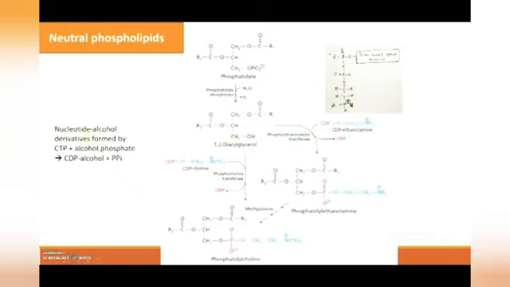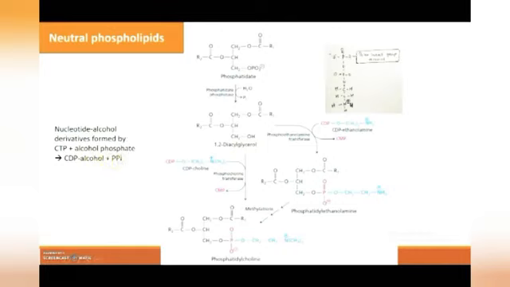The nucleotide alcohol derivatives, CDP-choline and CDP-ethanolamine, are formed by the reaction of CTP with alcohol phosphate. The alcohol phosphate here has 1 phosphate group and the CTP has 3 phosphate groups, and it will form CDP-alcohol and release 2 inorganic phosphates.